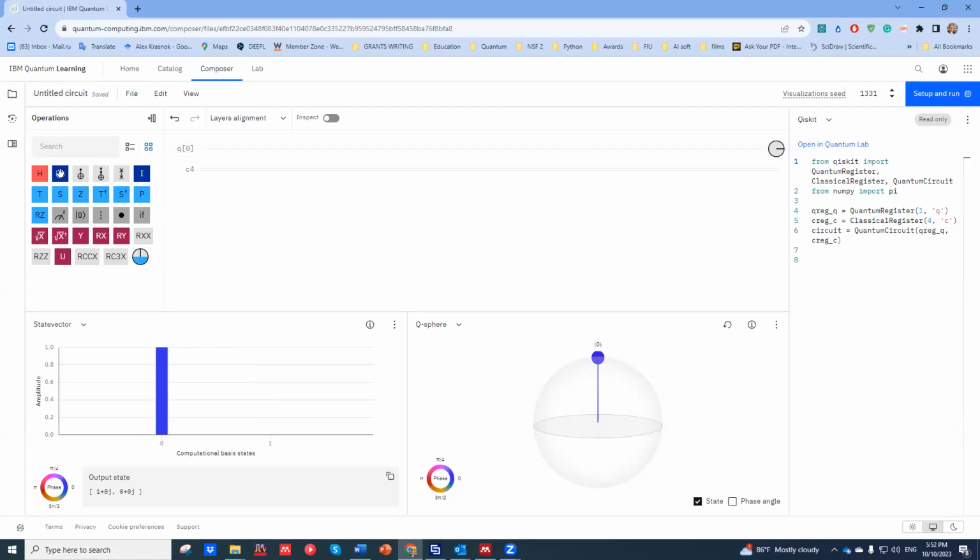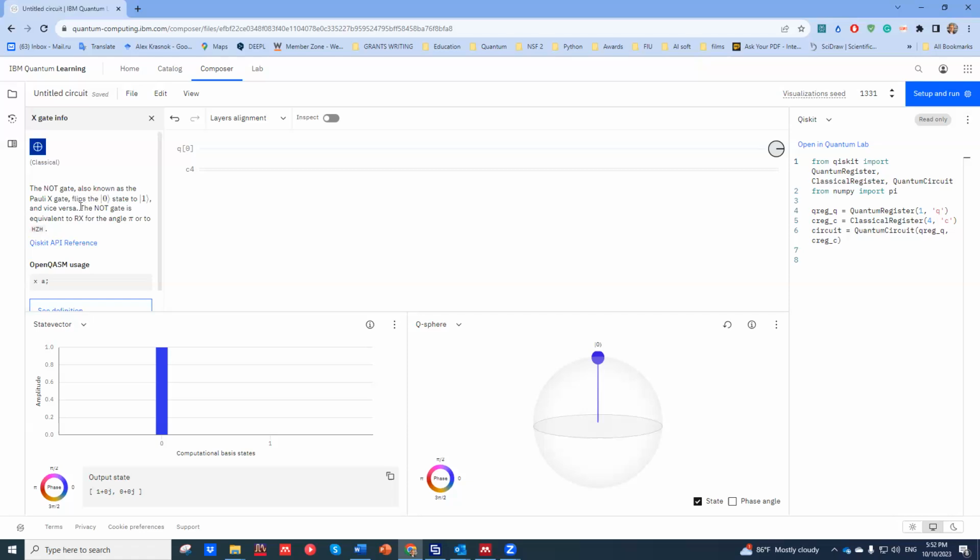And if I add this X gate, by the way, if you right click on any of these gates, you will see this info. Okay, and if you click it, you can basically read about the gate. So I right click on this one, and it says that this is NOT gate or QNOT gate, also known as Pauli X gate.